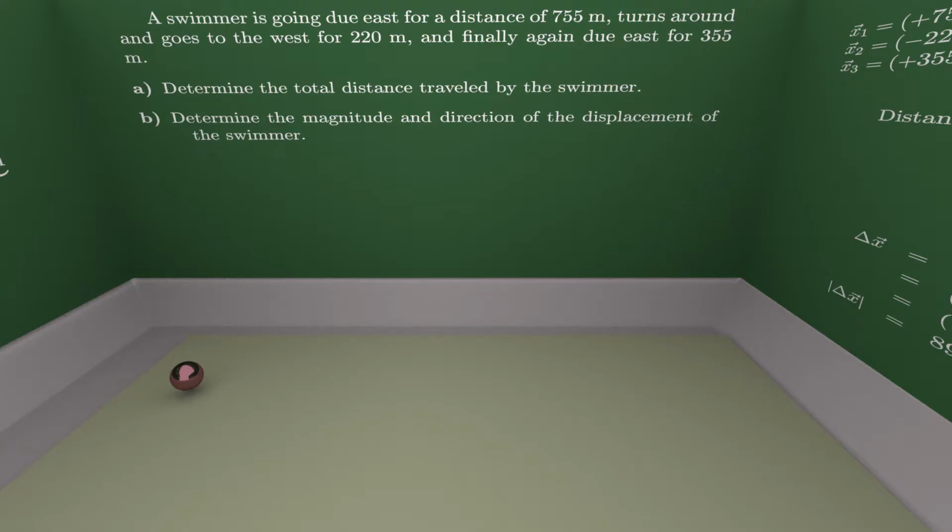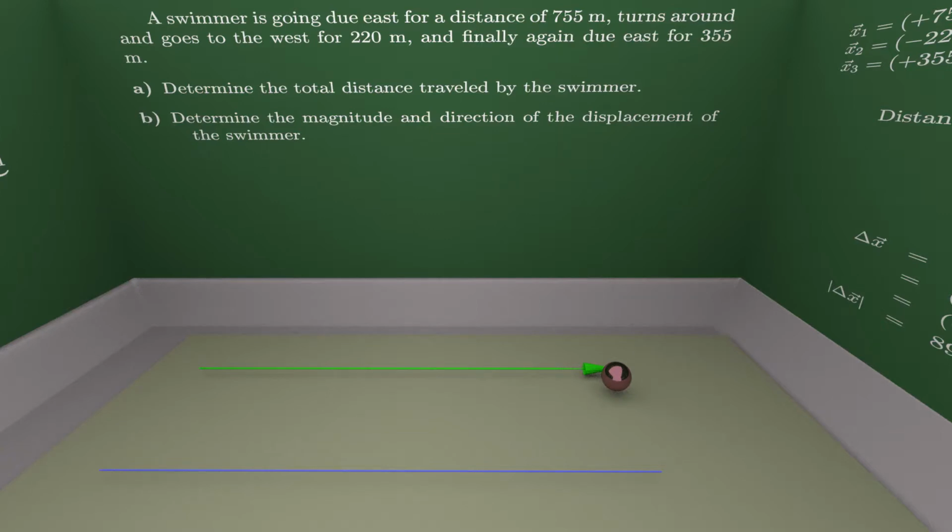So, actually, we have to compare distance and displacement for this motion. Let's assume that at the beginning, the swimmer is at the origin. The first part of the motion is due east for a distance of 755 meters.